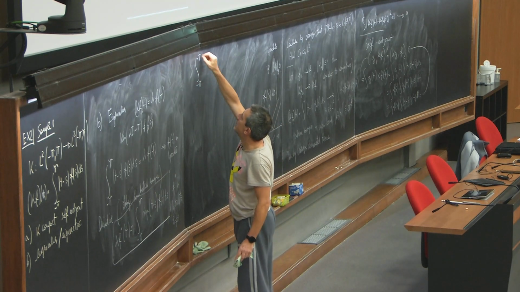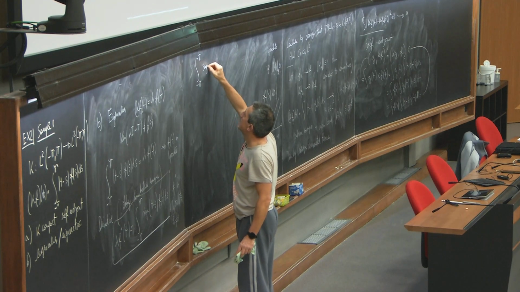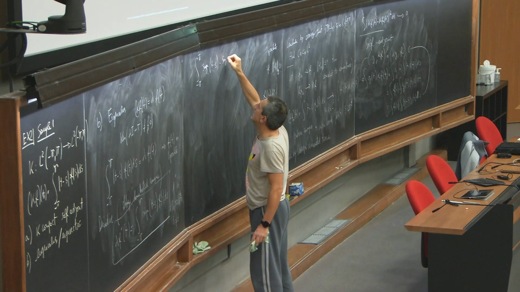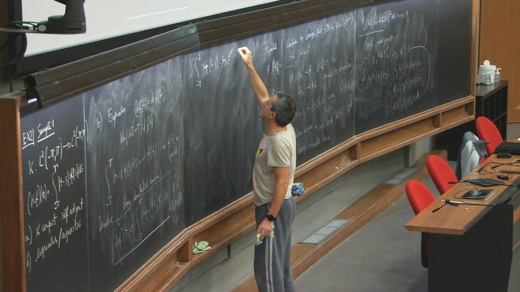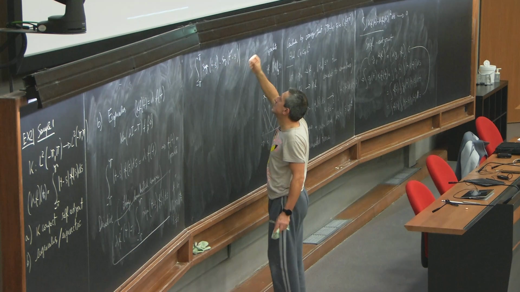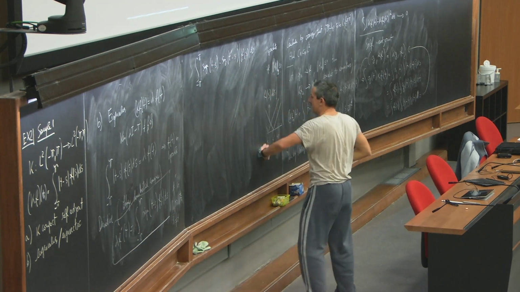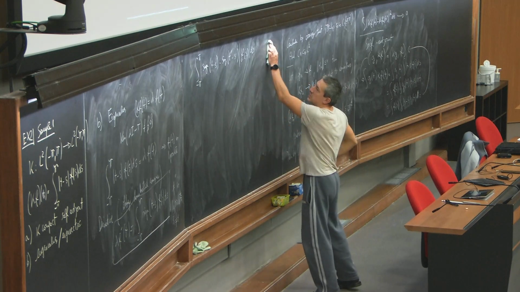Minus pi to pi, the sine of t minus s minus the sine of t prime minus s, and then it is f(s). Okay, and it was the same computation as before, just changes the thing.